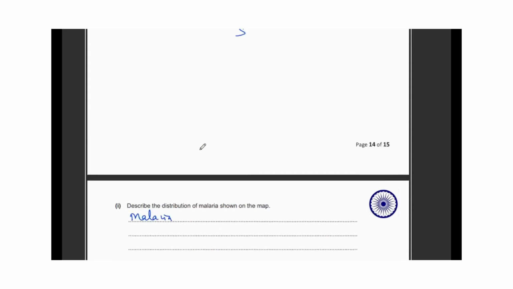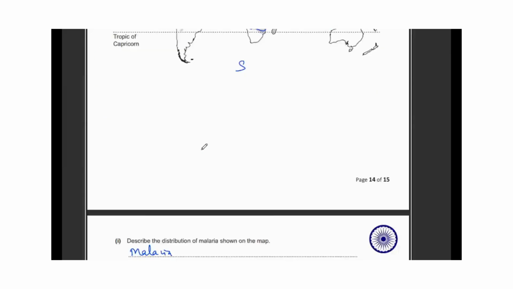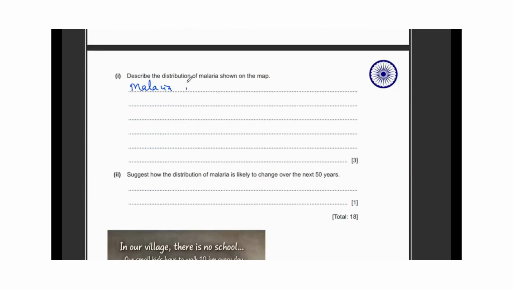Malaria is distributed in north and south of the equator.